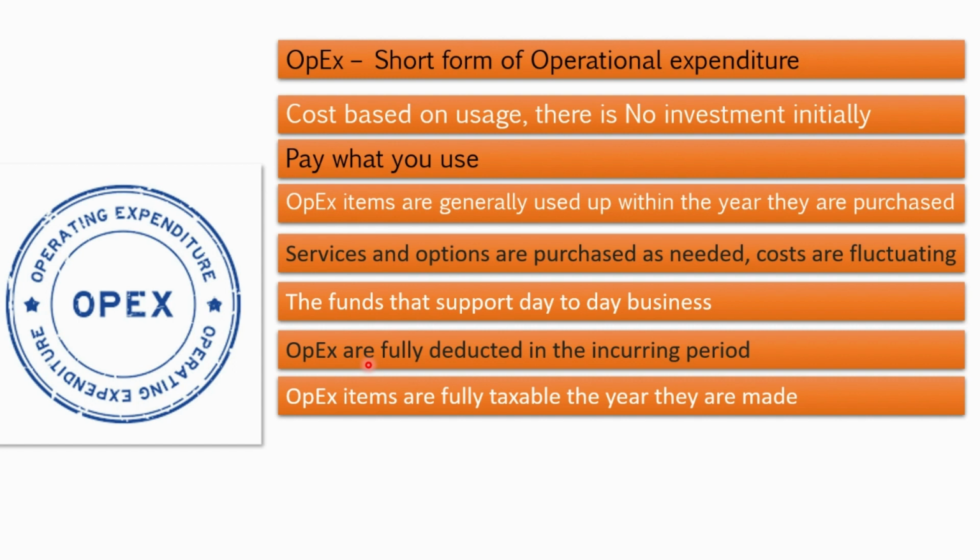They may not carry forward the expense to the next financial year. And also the expenses you have made and the subsequent taxable amount will be adjusted in the same financial year. So these are some items that you need to consider under operational expenditure.